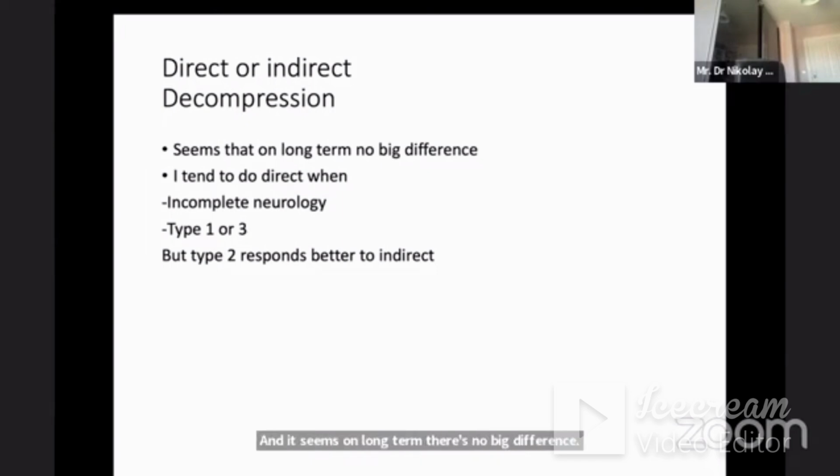But my personal bias is I tend to directly decompress incomplete neurology to give the best chance for relief of the neurological manifestations, and for type 1 and type 3, where in the transforaminal type of fractures, I tend to do indirect decompression, as I found that the direct decompression in this case causes more injury than resolution of the manifestations of neurological affection.